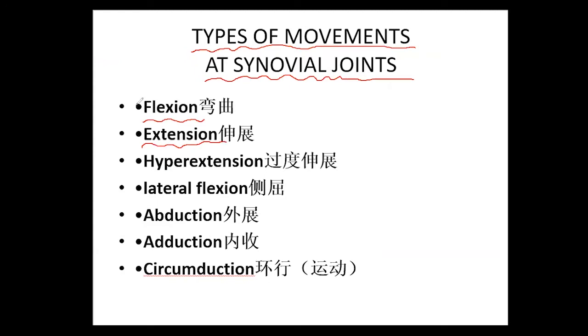They look like a pair of movements. Certainly some joints may have more movement, and we'll talk later about combinations of the different movements. We're just talking about some simple ways first. So, flexion and extension.